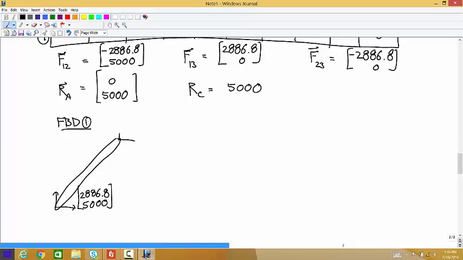And up here, it's F12 plus that 10,000 Newton force acting down, so negative 2886.8, negative 5,000.